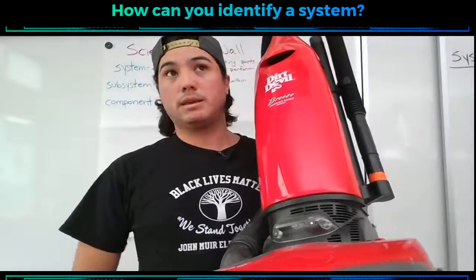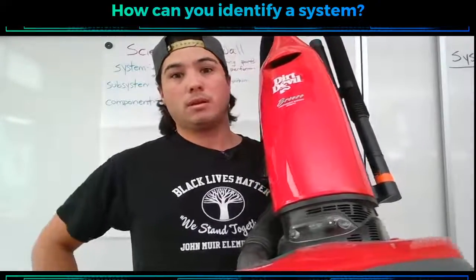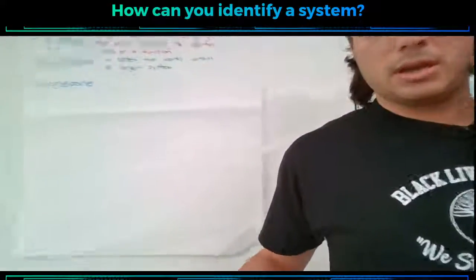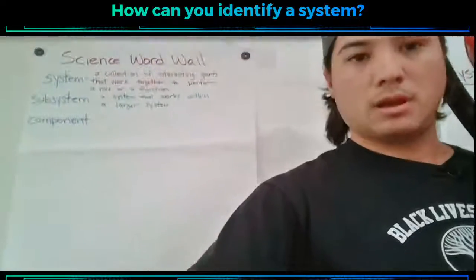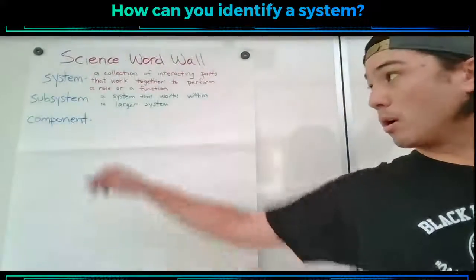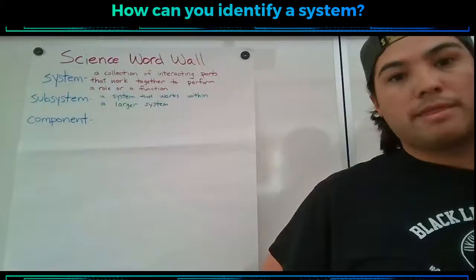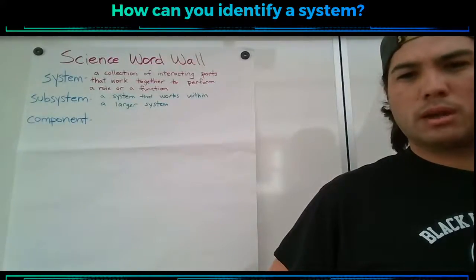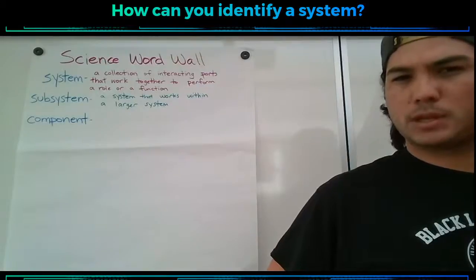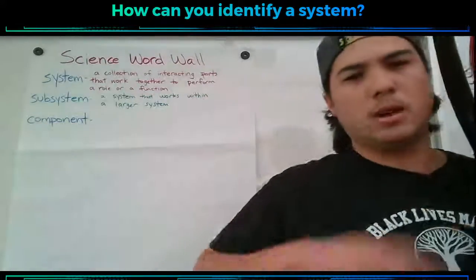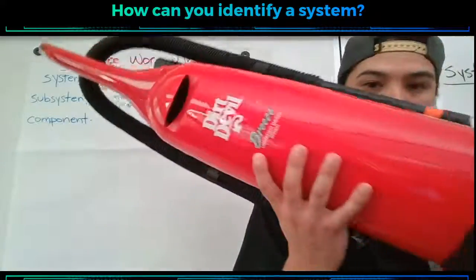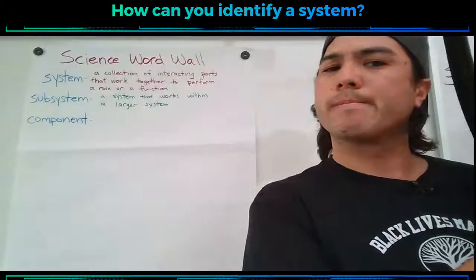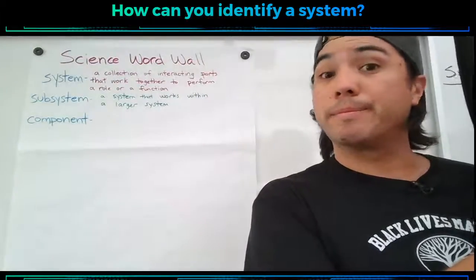Now, going back to our word wall here, a system is a collection of interacting parts or components that work together to perform a role or a function. So, let's think about this here. What is the function of our vacuum cleaner? Yeah, exactly right.